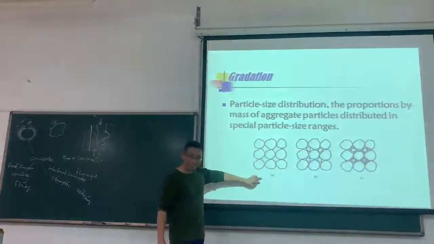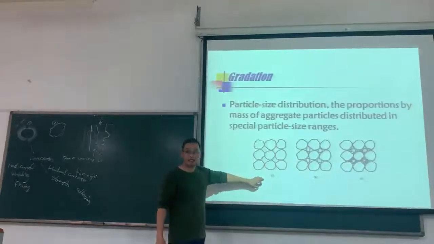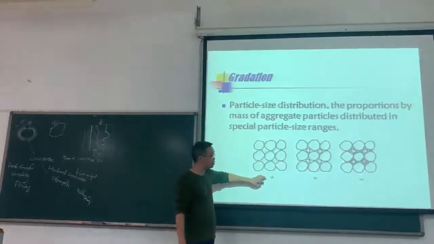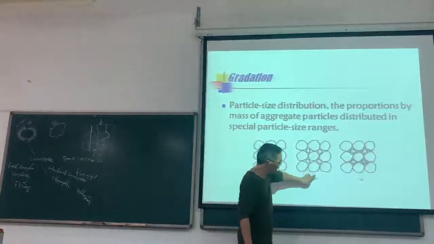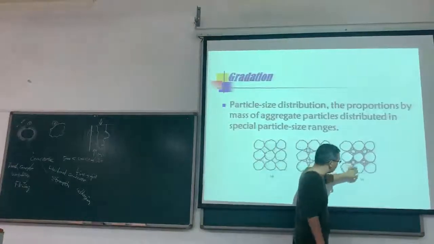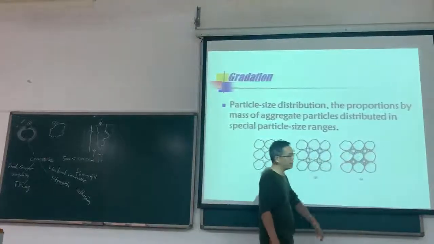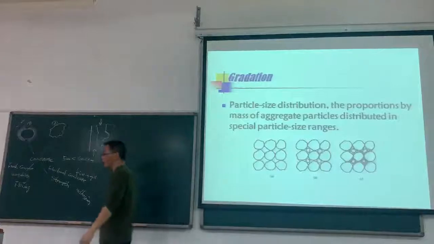From this one we can find that they are all made of coarse aggregate. And in this one they have some fine aggregate, and we have a lot of coarse aggregate and fine aggregate.